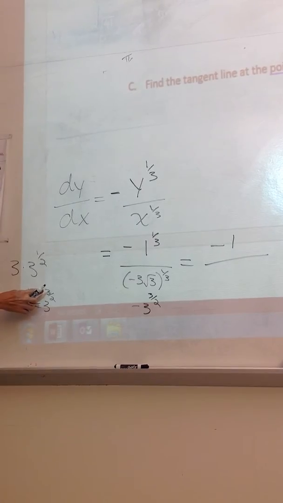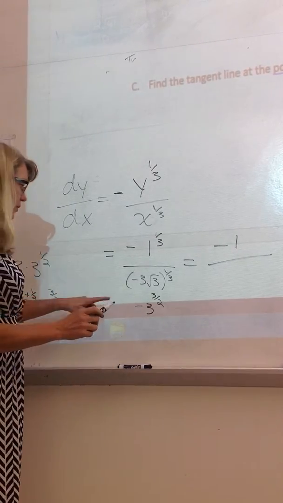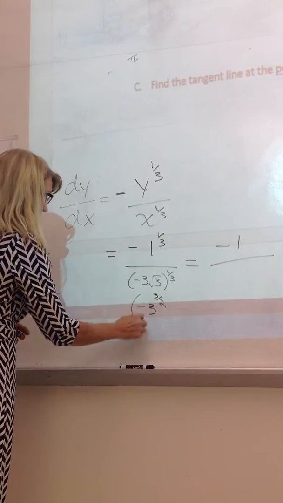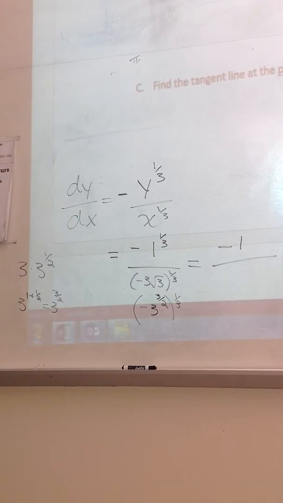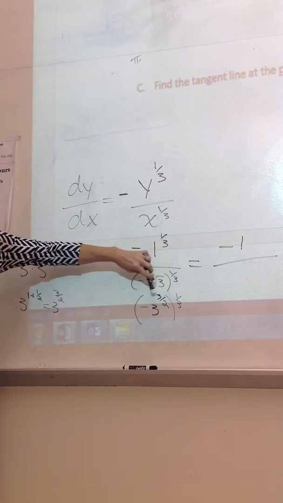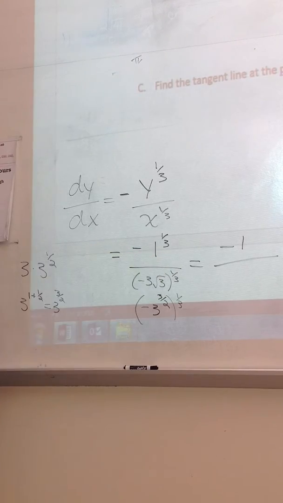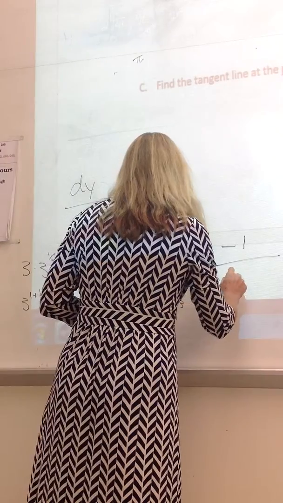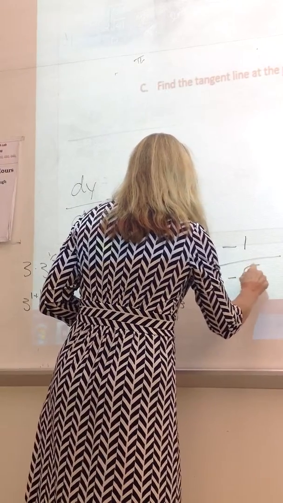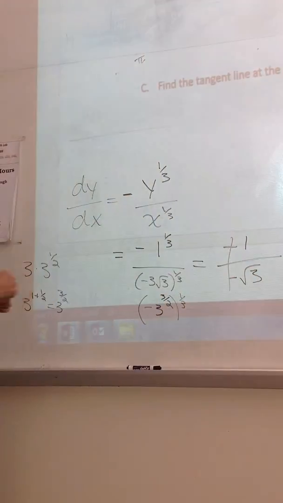So if we raise that to the 1/3 power, properties of exponents tell us to multiply, right? We'll just end up with negative 3 to the 1/2 power, which is square root of 3.